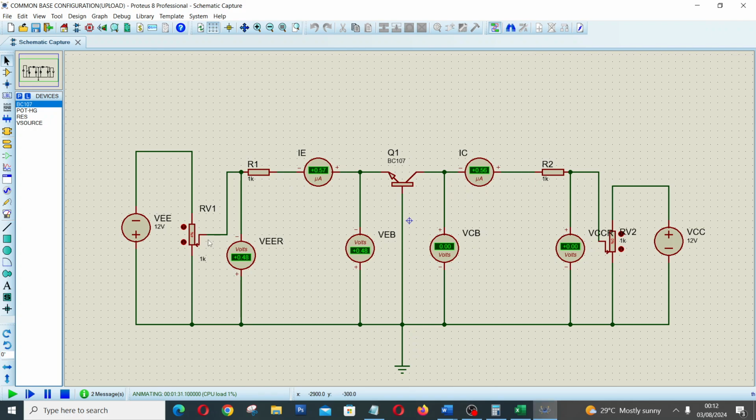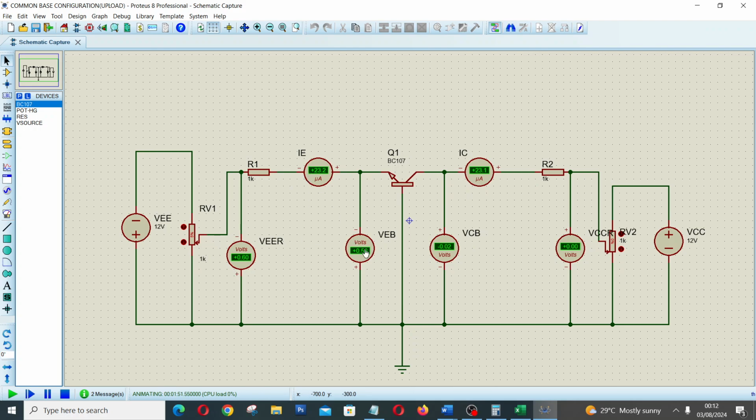When VEE is increased to 0.6, VEB is 0.58, IE is equal to 23 point something. Let's try to see whether we can reduce this value to 0.0. No, the lowest we can get is minus 0.02, so it's almost the same thing as 0.